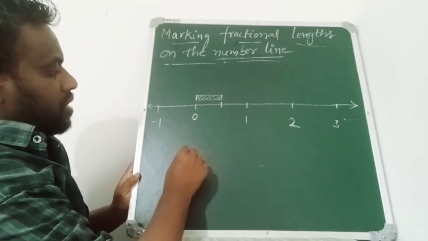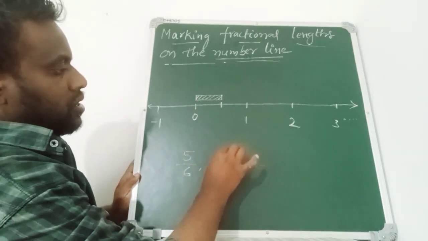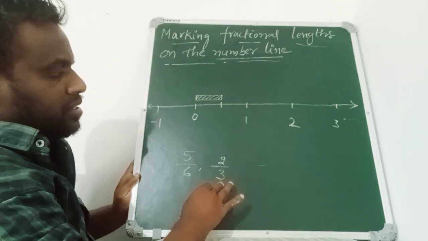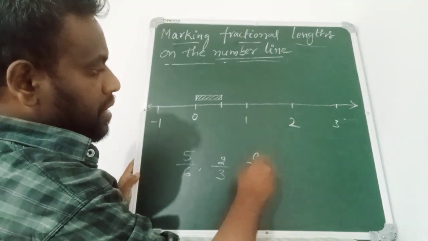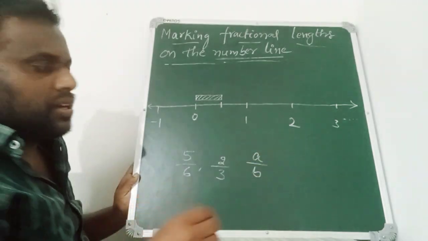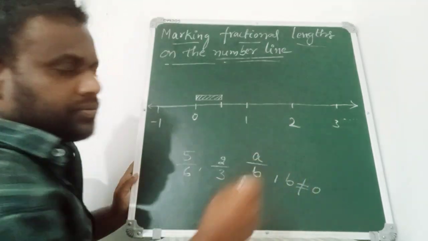Fraction means what? First, for example, see, 5/6, this is a fraction. 2/3, this is a fraction. See, anything in the form of a/b. Okay, and this b should not be equal to 0, other condition.